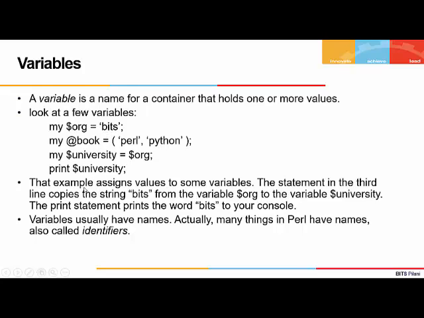Okay, so this example assigns values to some of the variables, and as we discussed, the third statement will give the word bits to your console. These variables usually have names, and these are also referred to as identifiers in the Perl language.